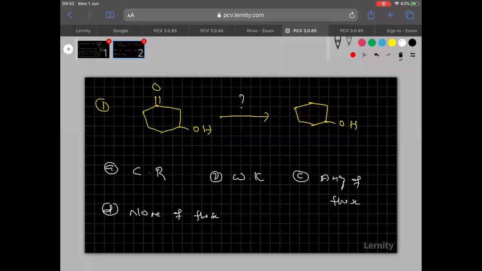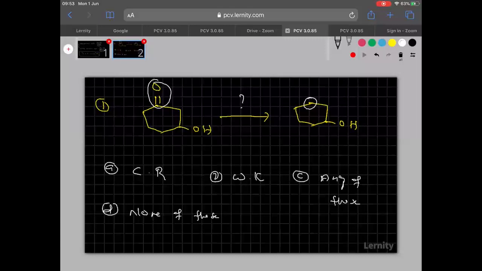See the question clearly and see what the concerned answer is here. C double bonded O is converted to CH2. Who can do this one? See clearly and answer this question.